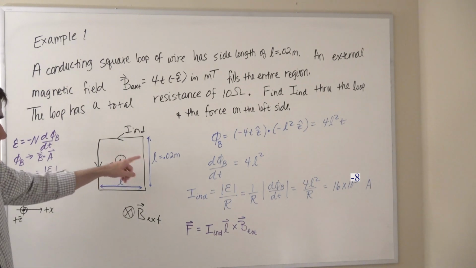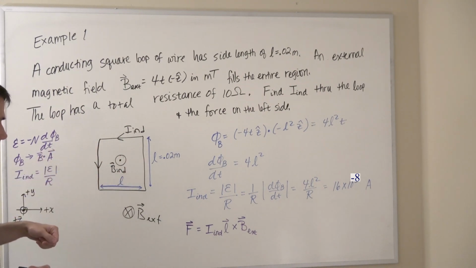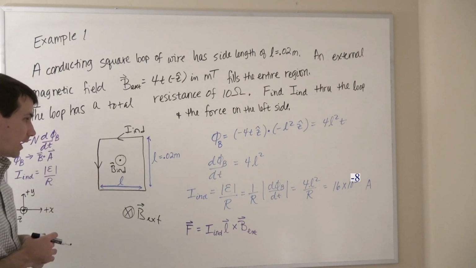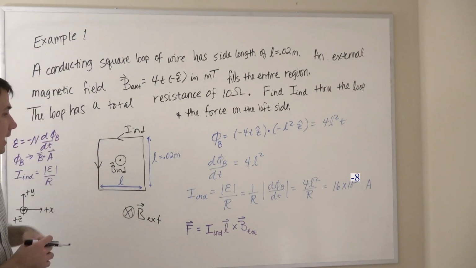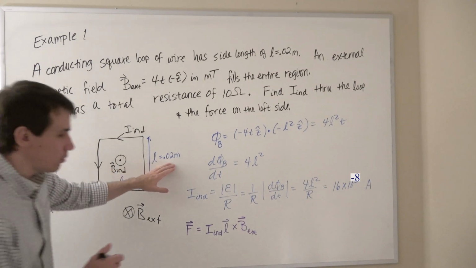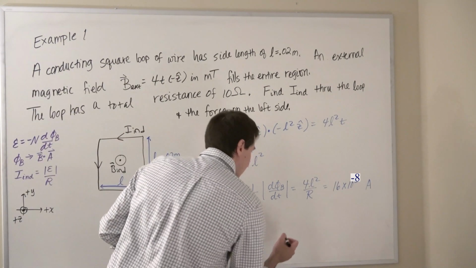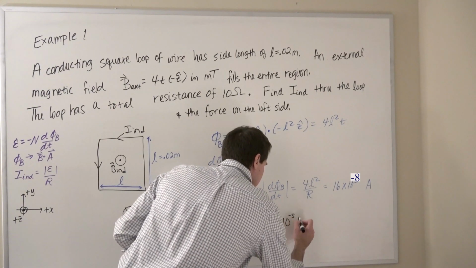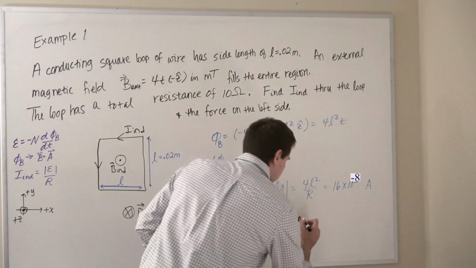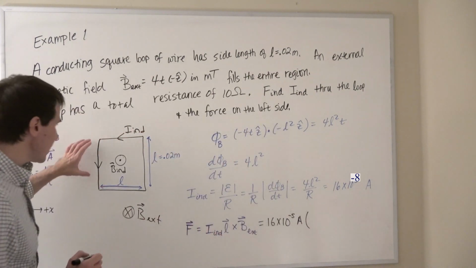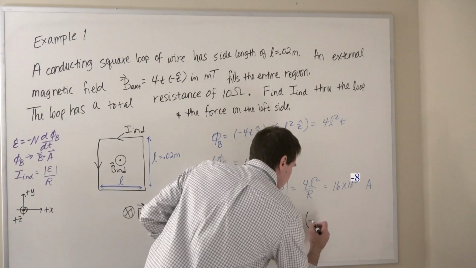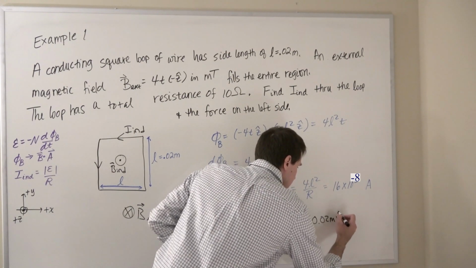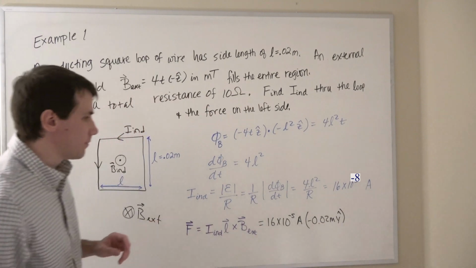My L vector on the left-hand side of the loop will be pointing down, so in the negative y hat direction, and it will have a length of 0.2 meters. So I can write this in. My I induced is 16 times 10 to the negative 5th amps. My L vector is going to be negative 0.2 meters in the y hat direction.